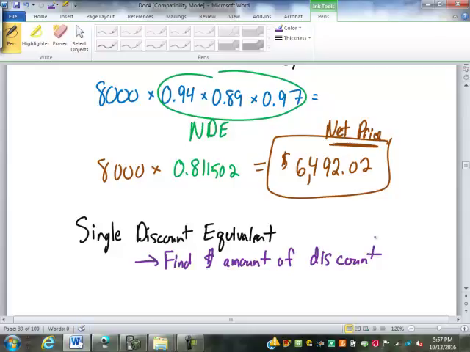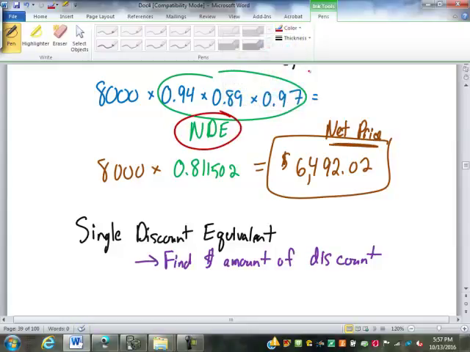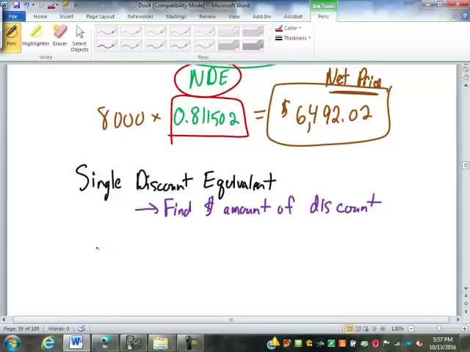To find the single discount equivalent, we first must have the net decimal equivalent. So in this case, the net decimal equivalent was the 0.811.